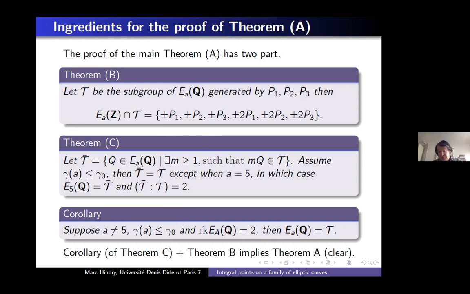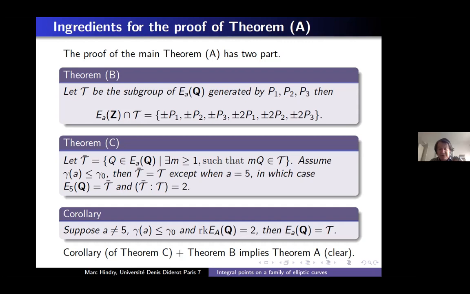gamma is not too large, the rank equals 2 means that actually the group of rational points is exactly the group generated by the trivial points. So it's an easy corollary from theorem C. And I hope it's more or less obvious now that theorem B and the corollary imply the main theorem that I stated.